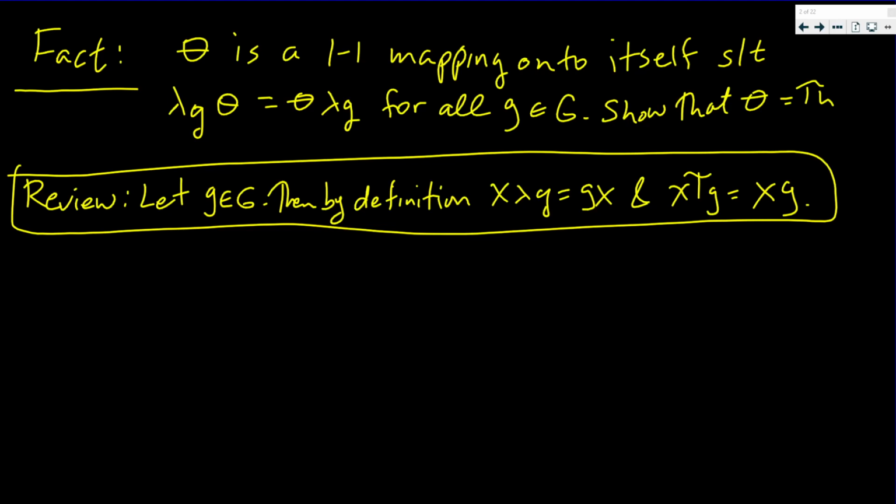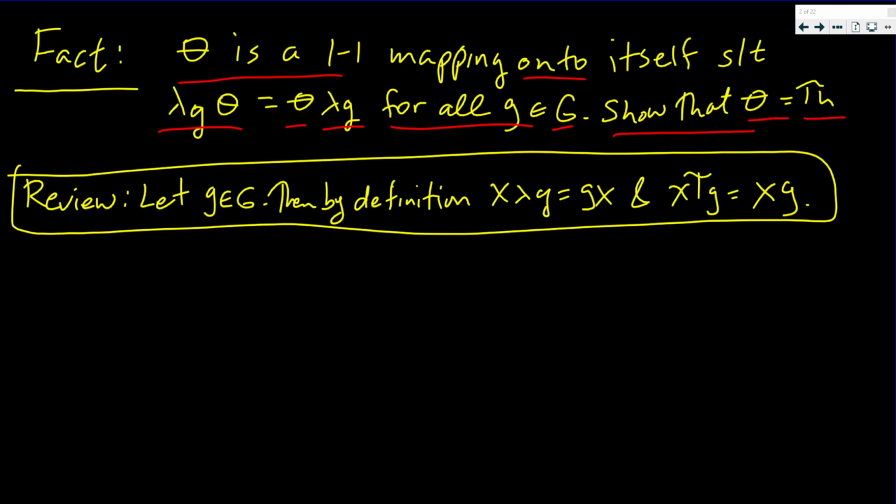In this video, we're going to prove another fact about mappings. If theta is a one-to-one mapping onto itself such that lambda sub g times theta is nothing more than theta times lambda g, that is, the mappings commute, and this is for all g in the group G, we want to show that theta is really tau sub h.